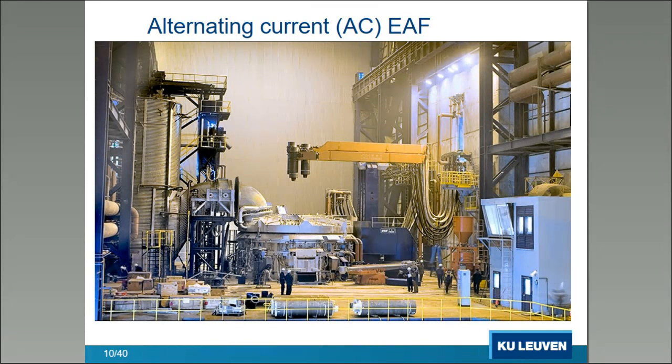So now I will go a little bit more in detail between the alternating current electric arc furnace and then after that the direct current electric arc furnace. Why do we see immediately that this is the alternating current electric arc furnace? We see it because of the 3 electrodes.